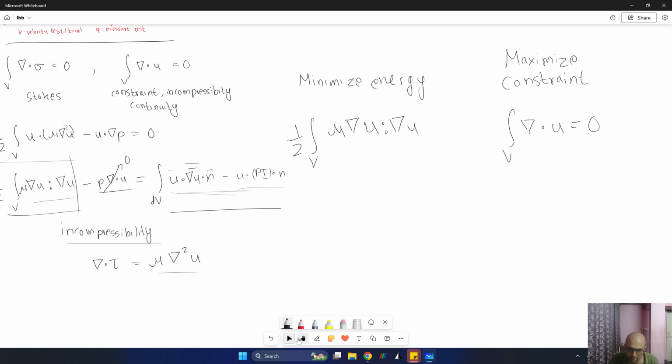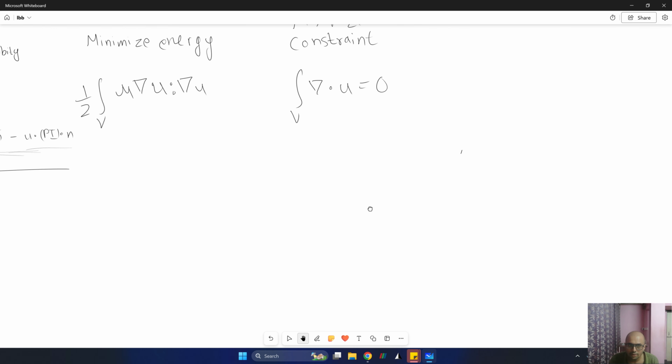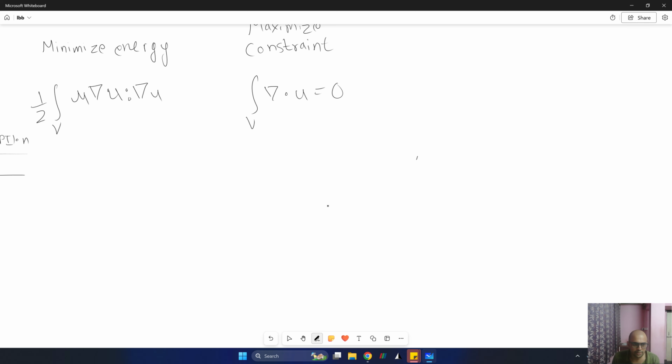So to do this by using the concept of Lagrange multiplier, the way to do this is, first let us just write down this guy as an integral. So this only has one variable, and this is the integral which we want to minimize, the function that we want to minimize, and this is the constraint which we want to maximize.